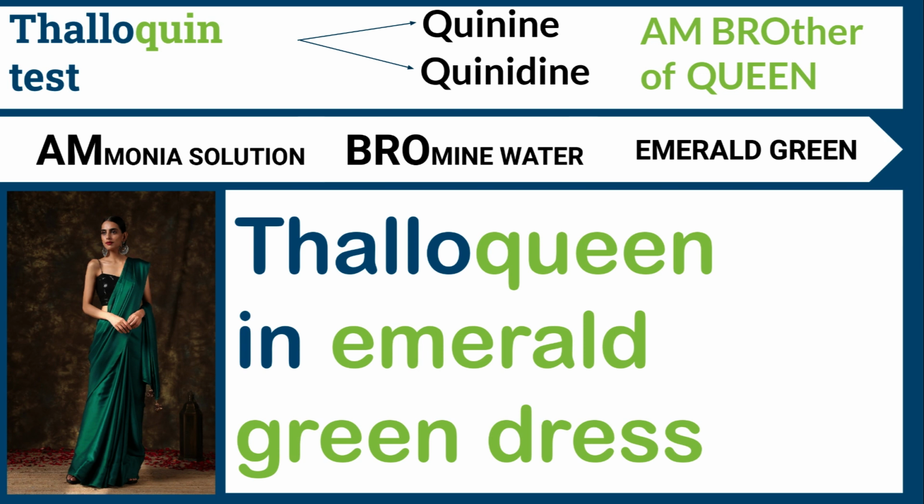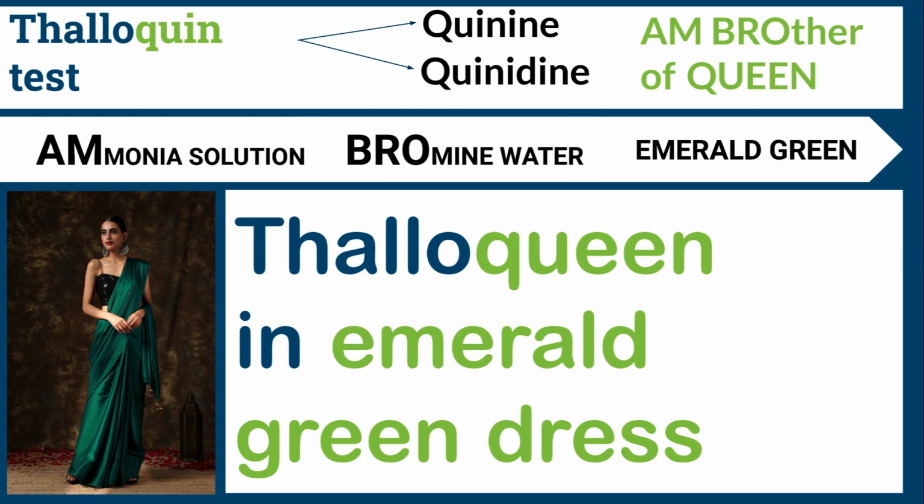Now, take the word queen. Queen in an emerald green dress. This helps you to remember that the end point of the Thalleioquin test is the formation of emerald green color.